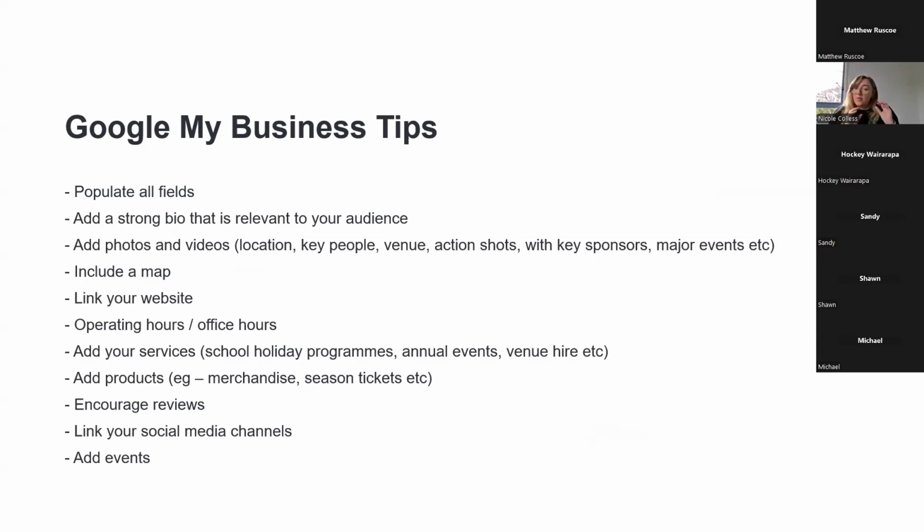Have a really strong bio that complements your website content and is relevant to your audience. So explaining in layman's terms what you actually do, and also include anything if you've got a venue that you hire out or particular events coming up.